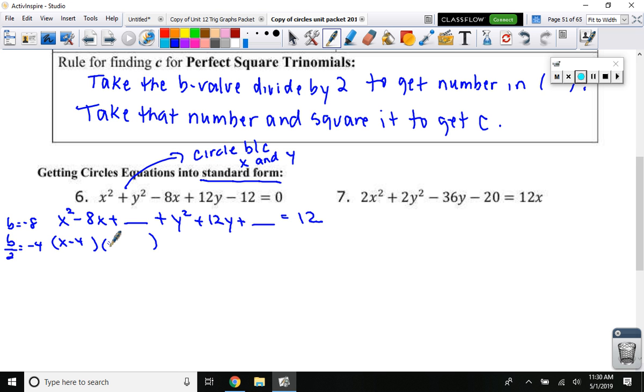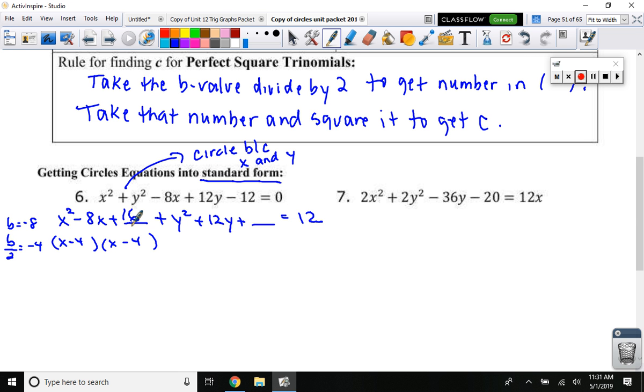So x minus 4 times x minus 4. However, if I double distribute here, do x squared minus 4 times x squared minus 4, does it equal x squared minus 8x by itself? No. No, right? This would be x squared, yes. Minus 4x equals minus 8x, yes. But what am I missing so that these will be equivalent? You're missing a 16. You guys agree with that?